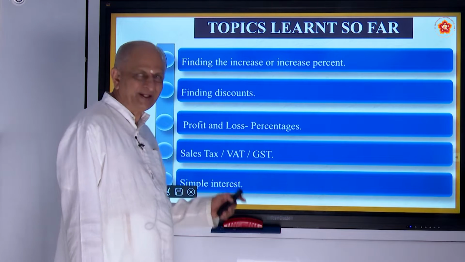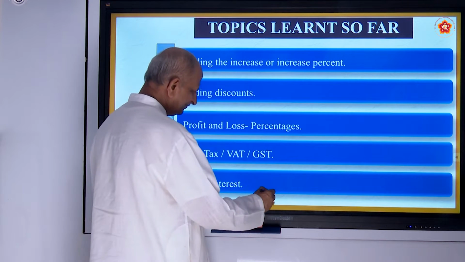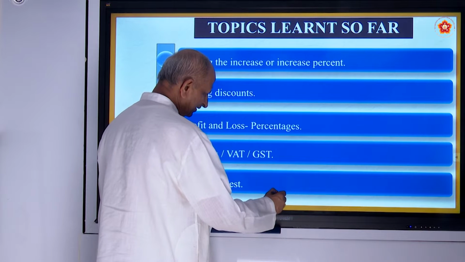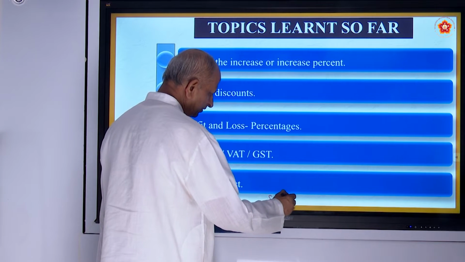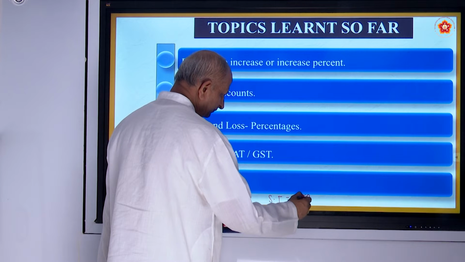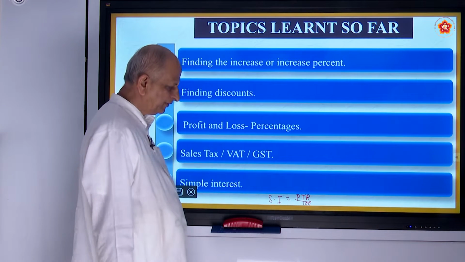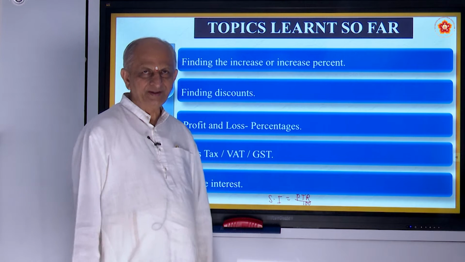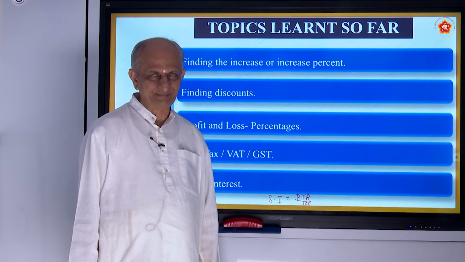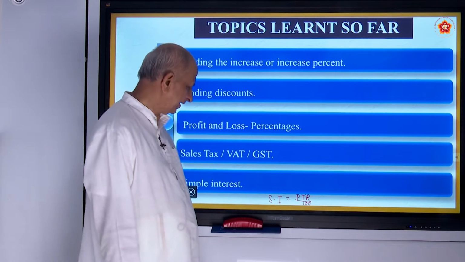Also about simple interest, why we call it SI. So SI is equal to PTR by 100. What is P? Principal. What is T? Time, means years, number of years. R, rate of interest per 100.